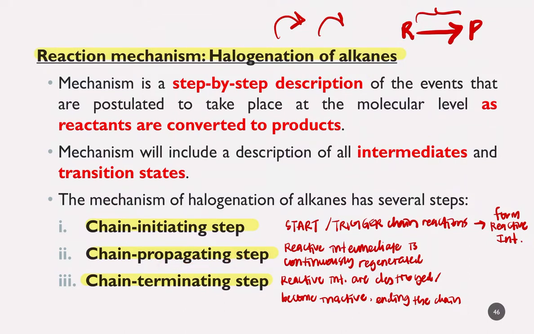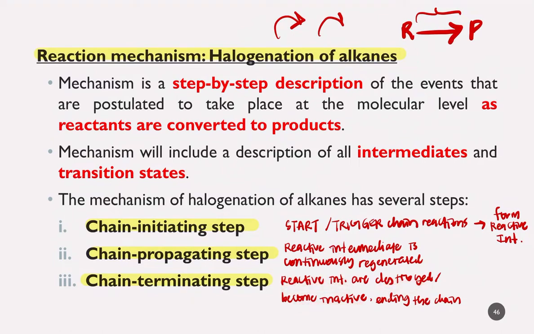Finally, you have the chain terminating step. This means you want to terminate this chain, you want to stop this chain. So you don't want to have any more reactions. In this step, your reactive intermediate from earlier will be destroyed or become inactive.